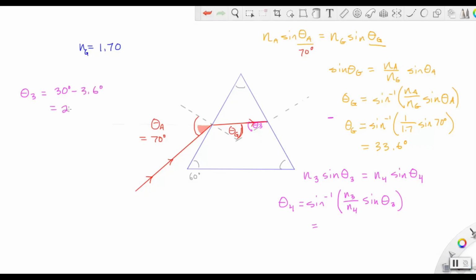So that gives us 26.4 degrees. So our theta 3 is actually 26.4 degrees from the normal, and not from the horizontal, right?